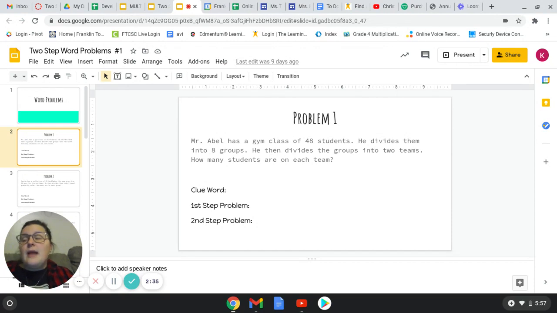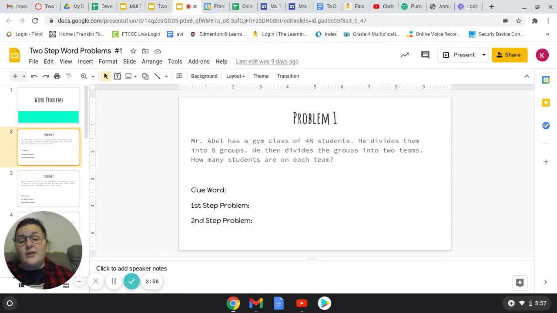But not every problem is going to be like that. As we get into harder problems, some might have numbers that have nothing to do with what we're solving for. So those numbers help me figure out what numbers I'm going to use and what numbers I'm not going to use in my problem.